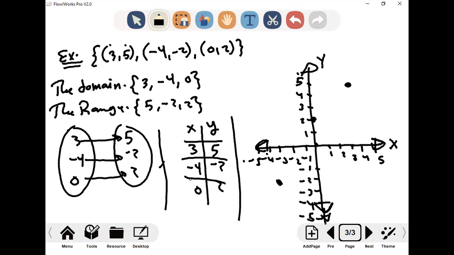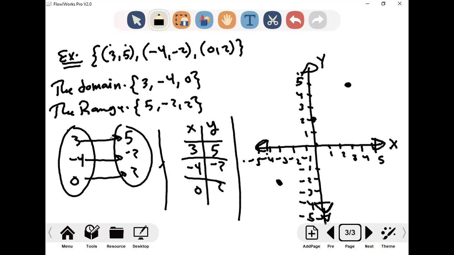Okay. Now sometimes, not always, you can find a relationship between the numbers. Means look here. If you add 2 to the 3, it will be 5. If you add 2 to the negative 4, it will be negative 4 plus 2, negative 2, right? If you add 2 to the 0, it will be 2.